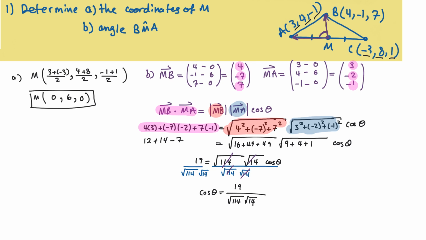Putting this on my calculator, I get cosine of theta is approximately 0.47559, and I'm going to use the exact value and take the inverse cosine, and I will get that my angle between MB and MA is approximately 61.6 degrees, and therefore I still have to answer the question, angle BMA is equal to 61.6 degrees approximately.